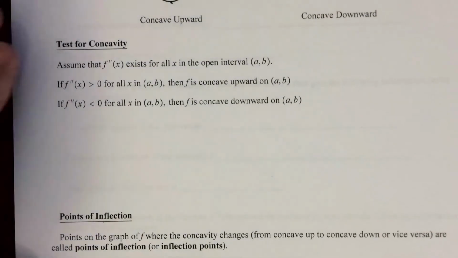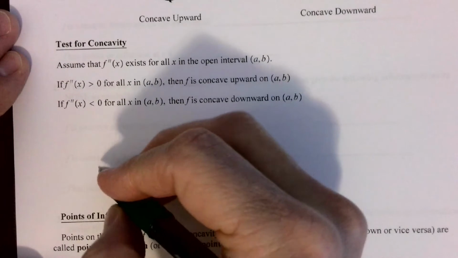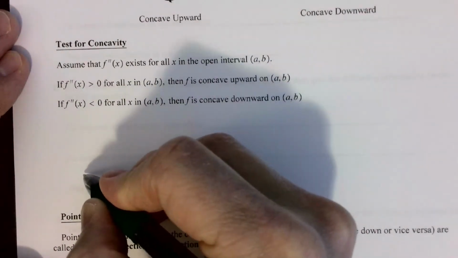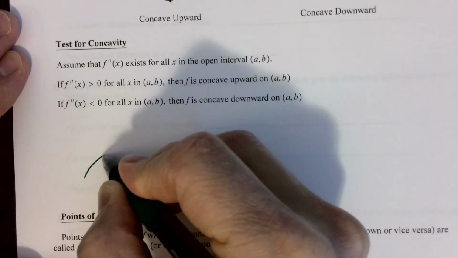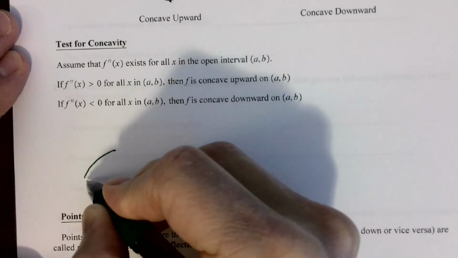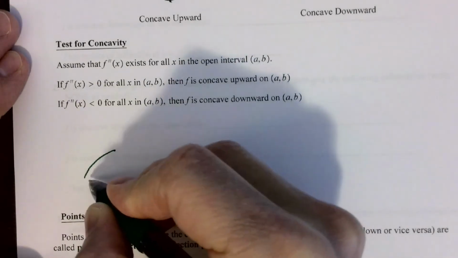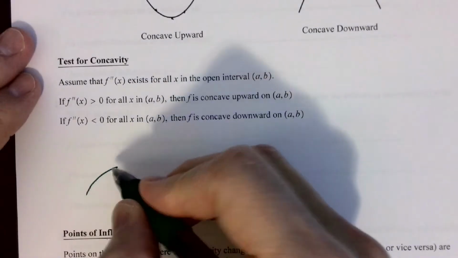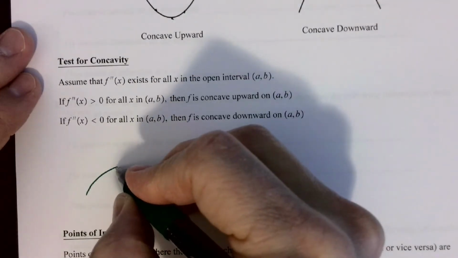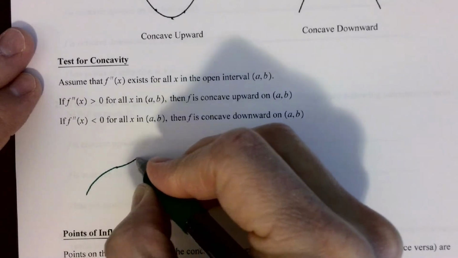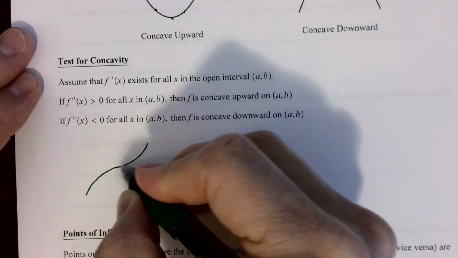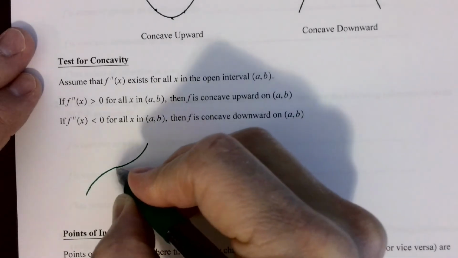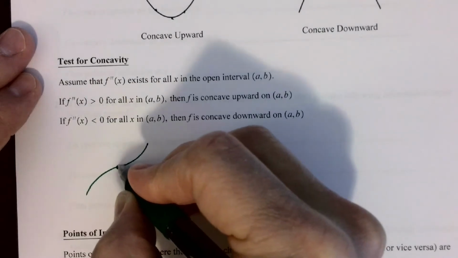And now, one thing that can happen is you can have a graph that, for instance, has this portion. What do you think? Concave up or concave down? Looks like it's part of a frown, right? It's this part, like here. So it looks like we're concave down. But then, all of a sudden, there's a change, and now it's concave up. So this point is an important point.